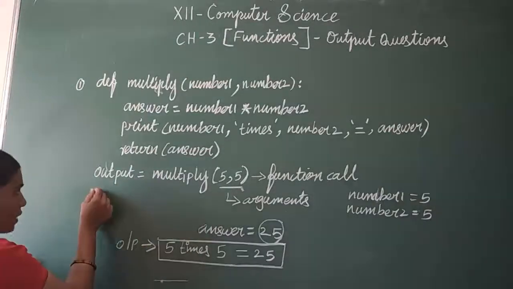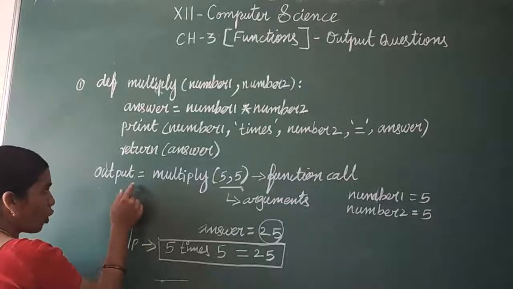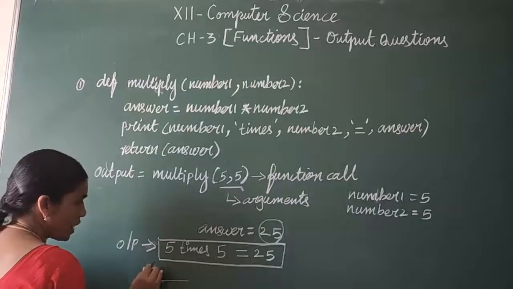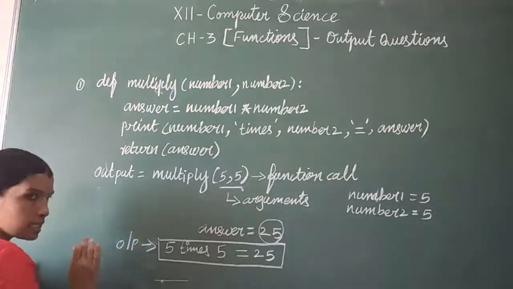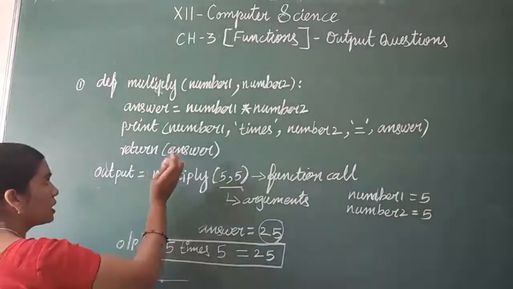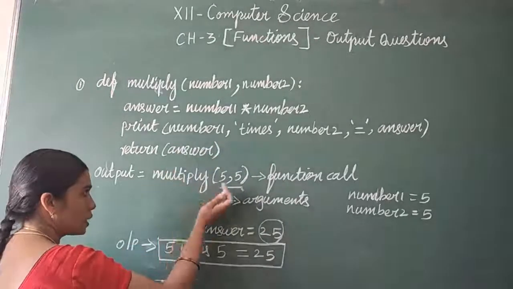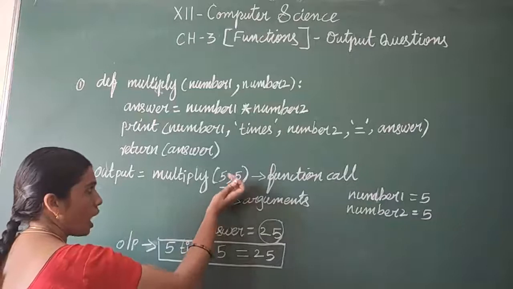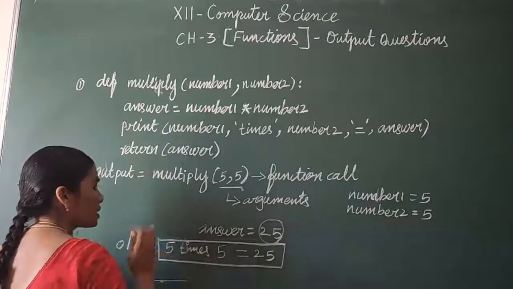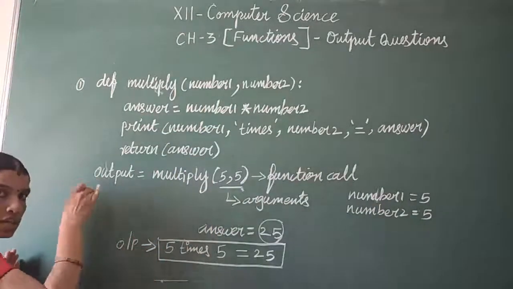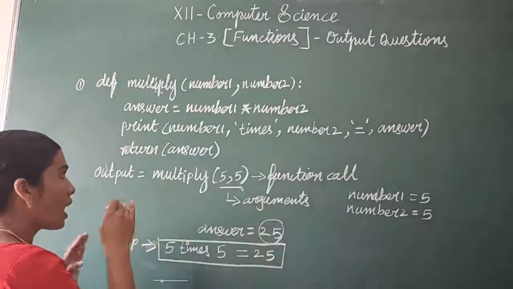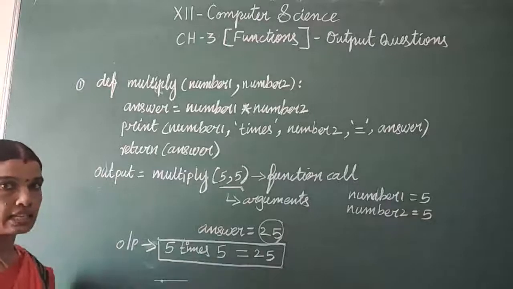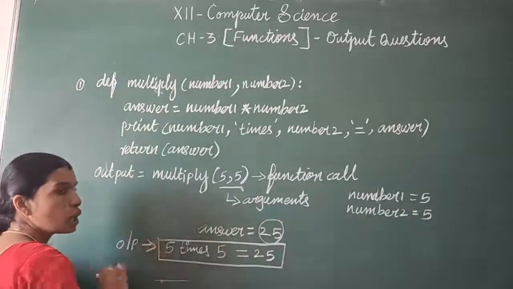Suppose we have given one more line, print of output, then immediately the result 25 is printed on the screen. The arguments are passed to the parameters, that is, to the function definition, and after finishing everything, we are sending the result back to the function call.